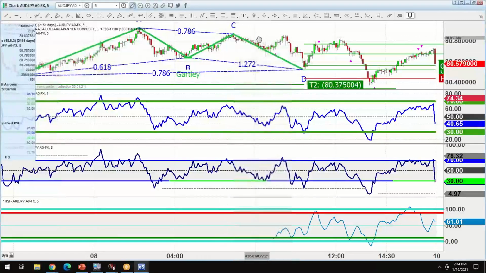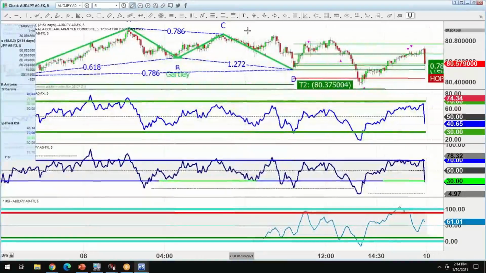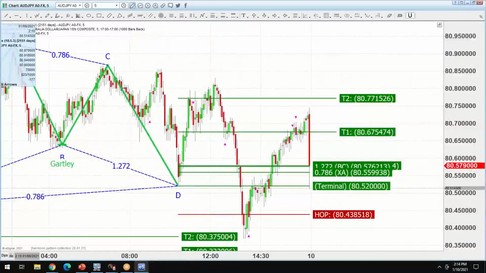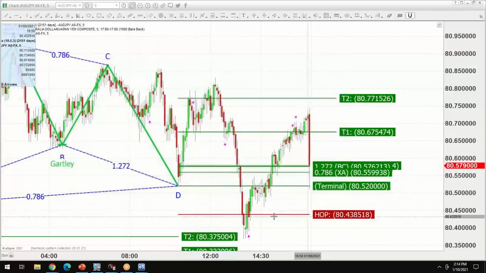So this one actually didn't quite work out, but it shows you again, it's still in a type 1, type 2 framework. Look at this. And I would look at that level. Maybe I would look for a retest if I was looking for a 5 minute opportunity on Monday, Aussie yen, but it still follows your ideal type 1, type 2 framework.